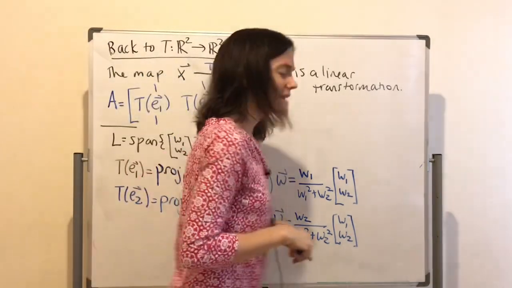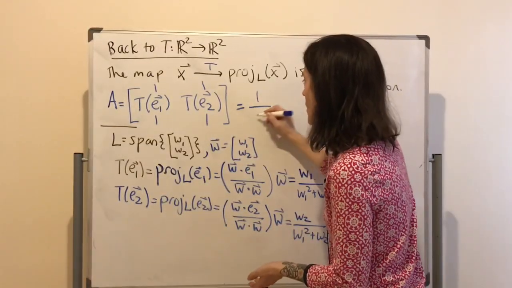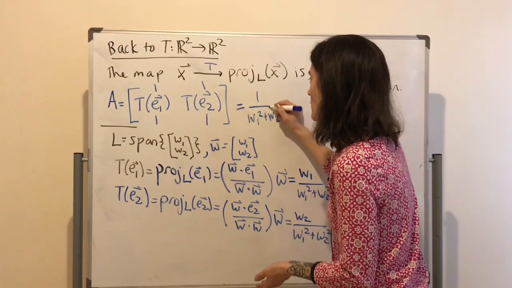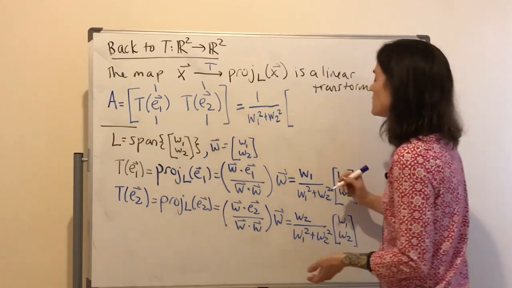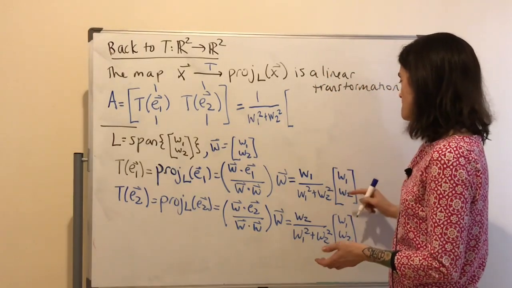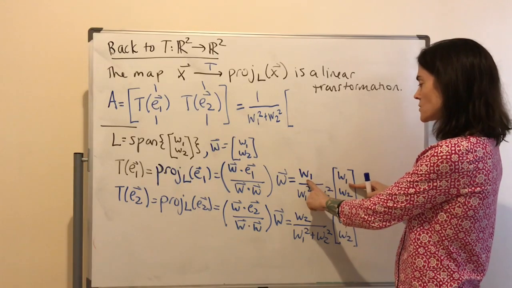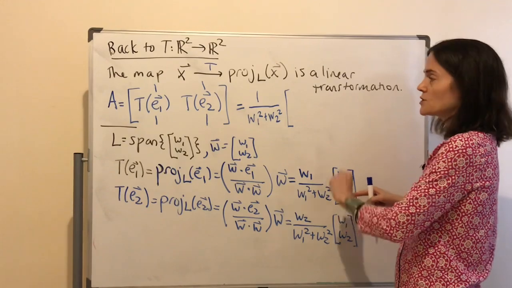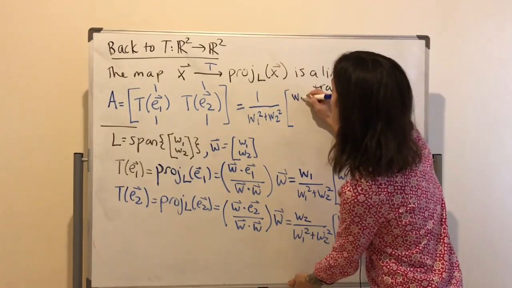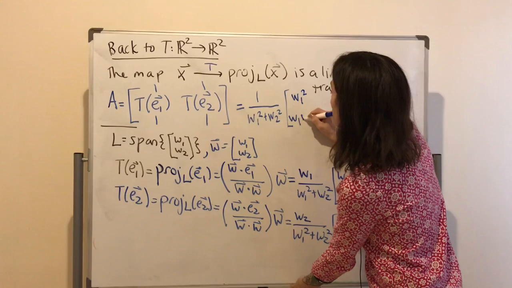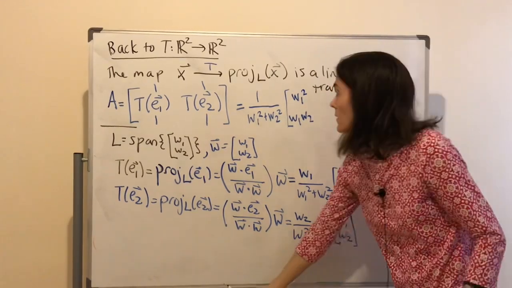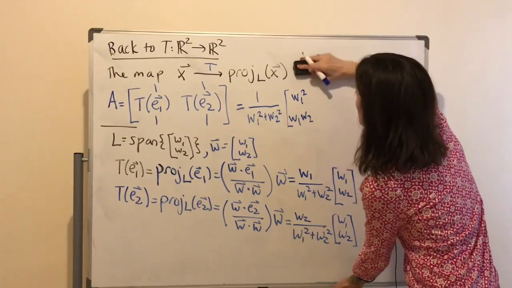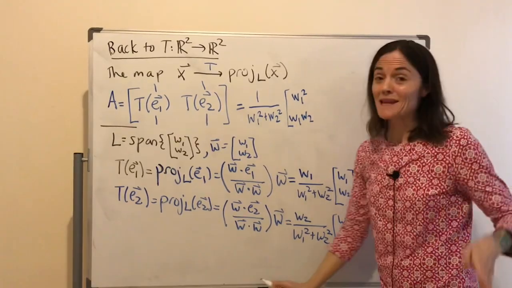Now let's write the matrix. I'm just going to bring that all out in front. And then my first column is here. W1 squared is the 1, 1 entry, and then W1, W2 is the 2, 1 entry. Now, I'm going to have to erase this part. It's still a linear transformation.